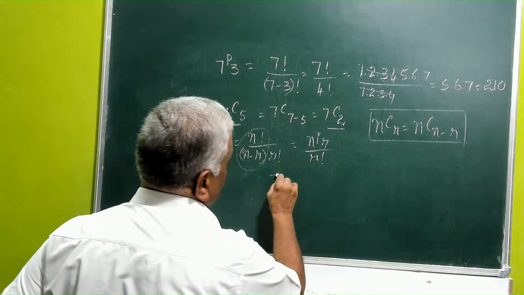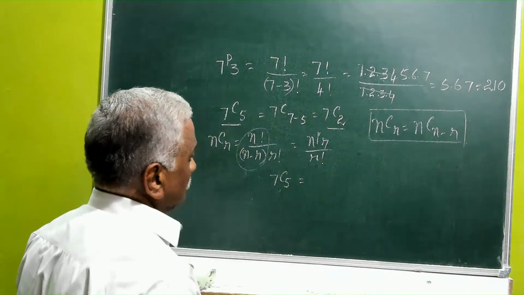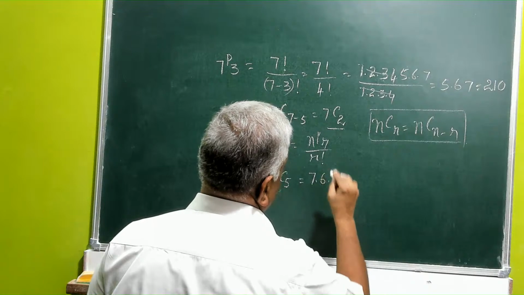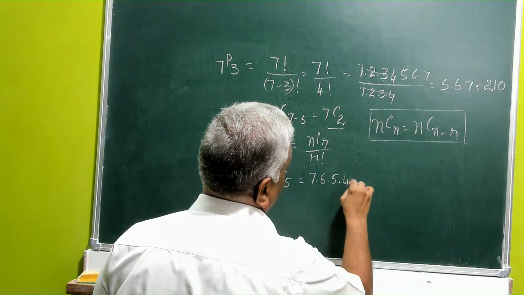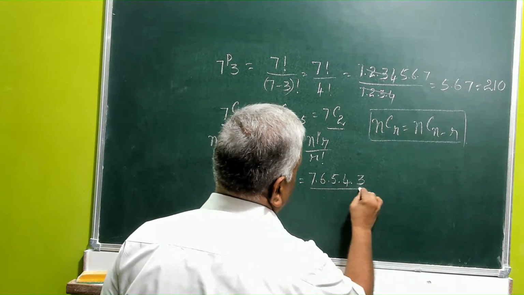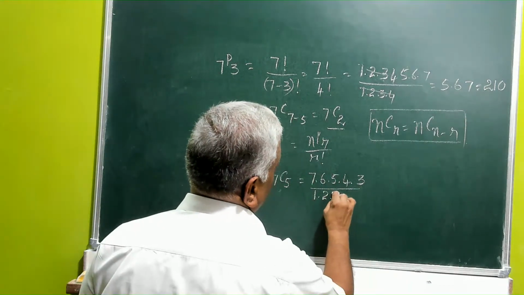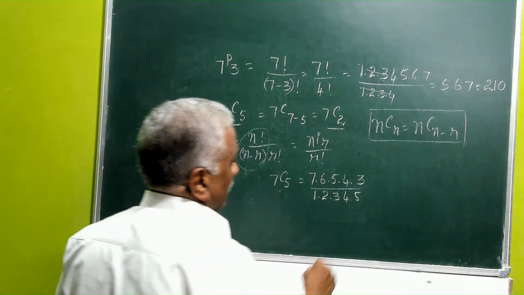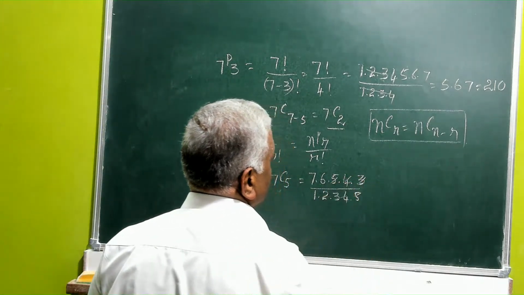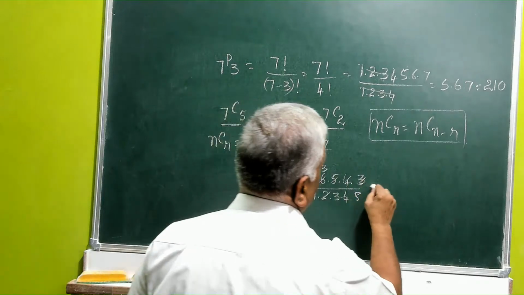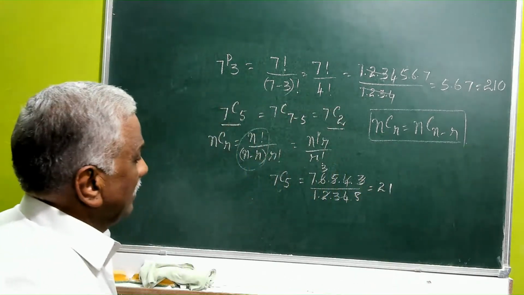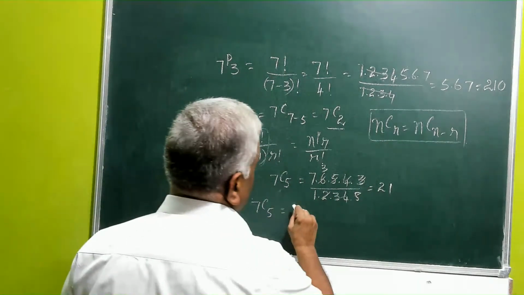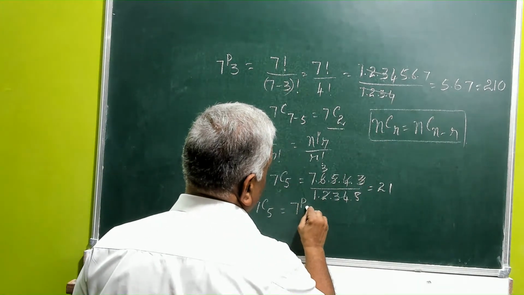If you have to find 7C5, you have to write 5 terms backwards: 7 into 6 into 5 into 4 into 3, divided by r factorial, which is 1 into 2 into 3 into 4 into 5. So what will happen is 4, 3, 5 will cancel. So 3 into 7, you get 21. Let us find out what is 7C2.